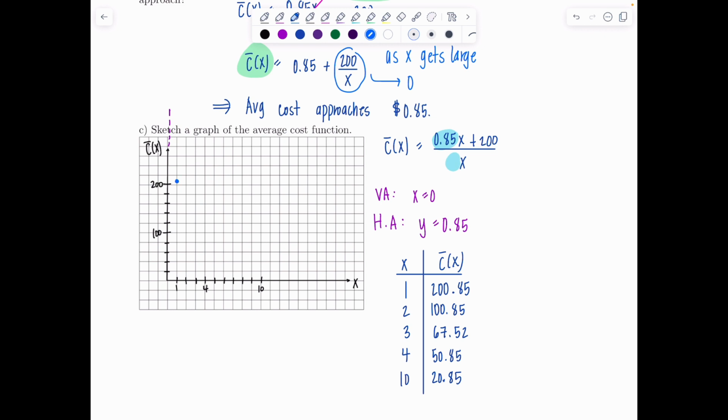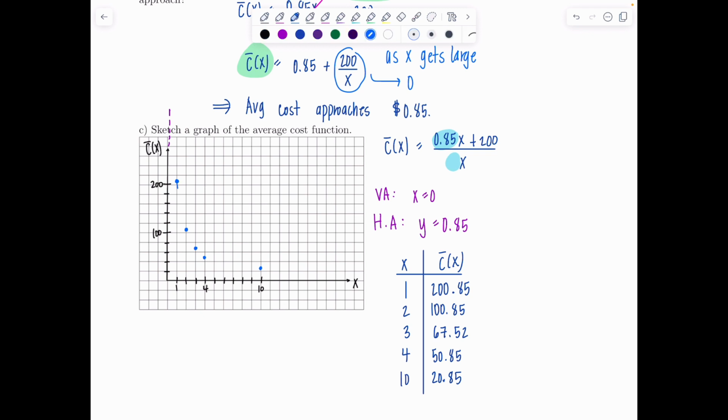2 is going to be 100.85. 3 is 67.52. 4 is 50.85. Remember, each of the vertical tick marks is 20. And then 10 is 20.85. I'm not going to put an arrow here because we're not going to make less than one item unless we shut the factory down, you know.